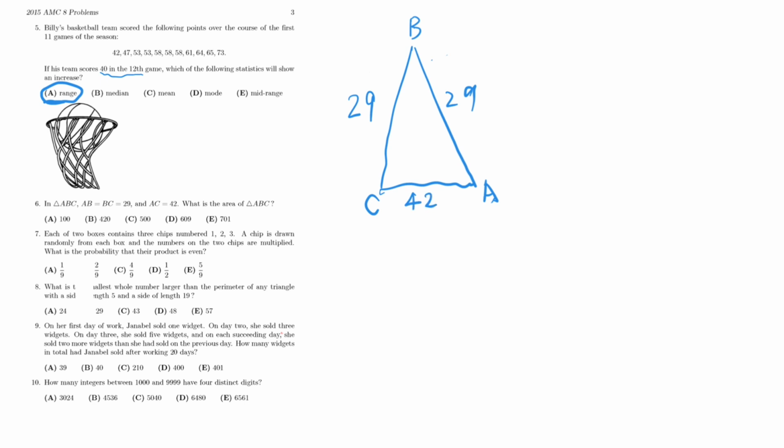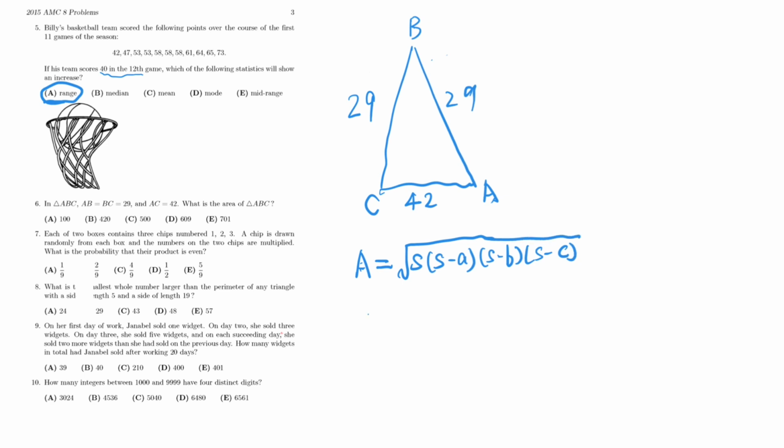The area of triangle ABC, an easy one. For this problem, we use Heron's formula. That's the semi-perimeter S times S minus A, S minus B, and S minus C, all under the square root.